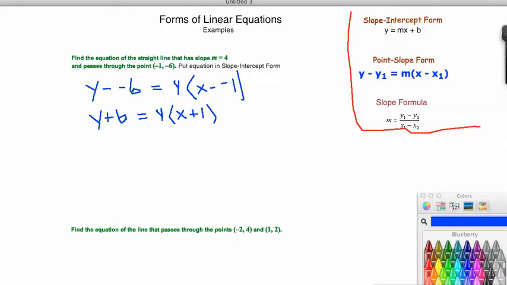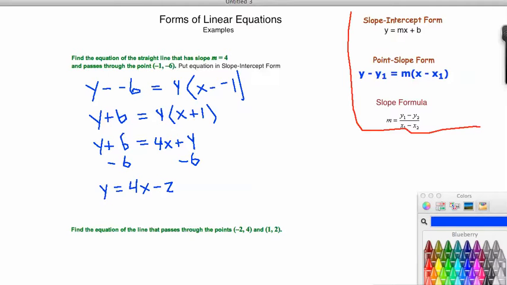Then we want to distribute the 4. So y plus 6 equals 4x plus 4. And then subtract 6 from both sides. So y equals 4x, and then 4 minus 6 is going to be minus 2.